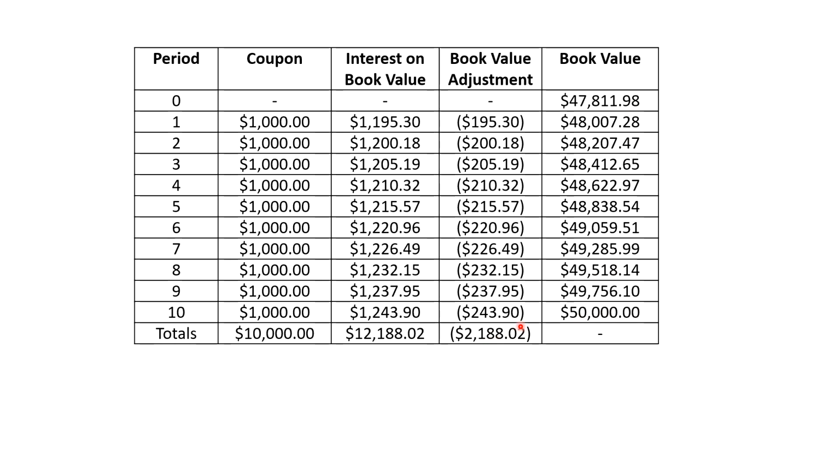And if that's allowed, you could potentially pay tax on that additional amount at the very end, as well as paying the taxes on the coupon along the way. Or you could distribute this over the term of the bond, and you would be paying taxes on all these, and then you wouldn't have this additional amount to pay taxes on at the end.